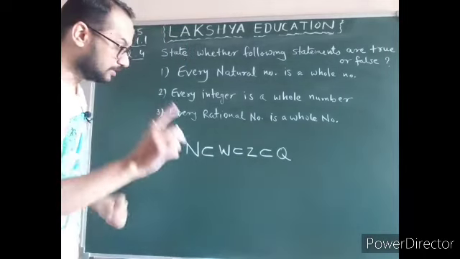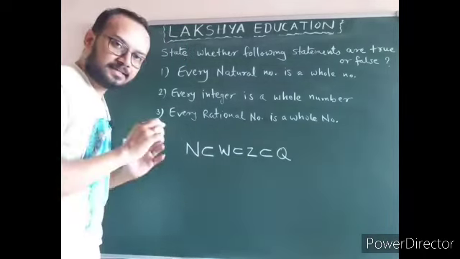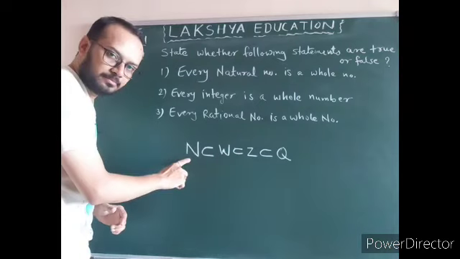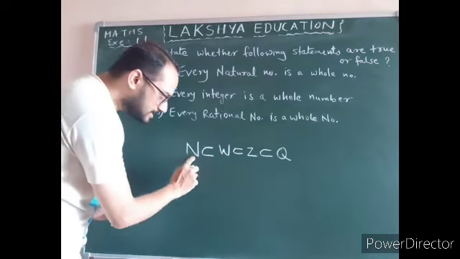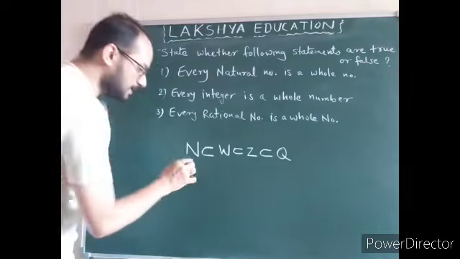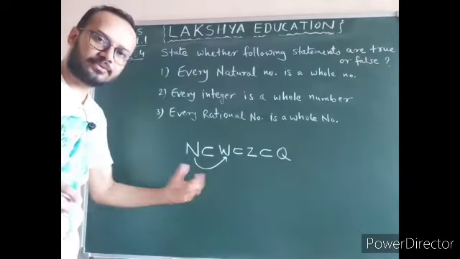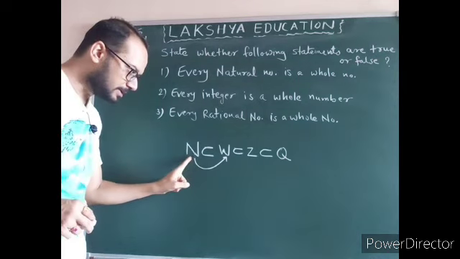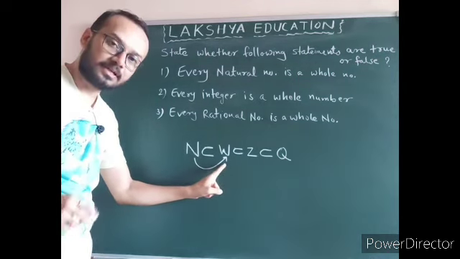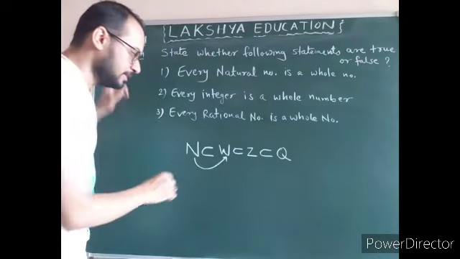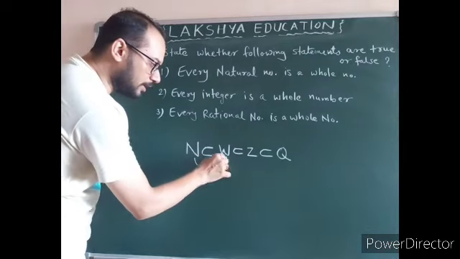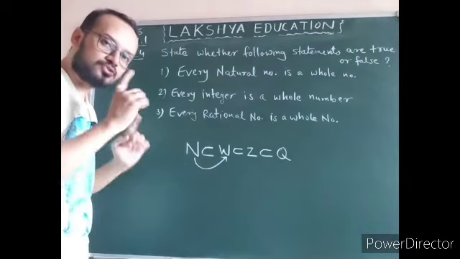Now here, what does it state? It says every natural number is included in the set of whole numbers. So we can show it by this kind of arrow. This number is included in this number. Every natural number is a whole number, but its reverse is not true.